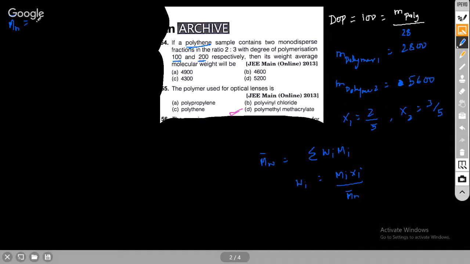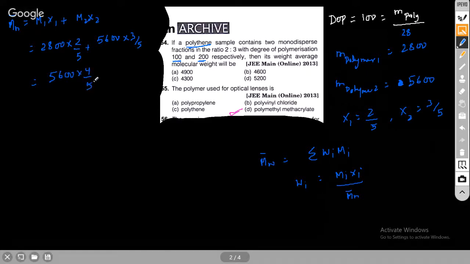With the formula, it should be M1X1 plus M2X2. M1X1 is 2800 into 2 by 5, plus 5600 into 3 by 5. When you solve this, you'll get 5600 into 4 by 5.